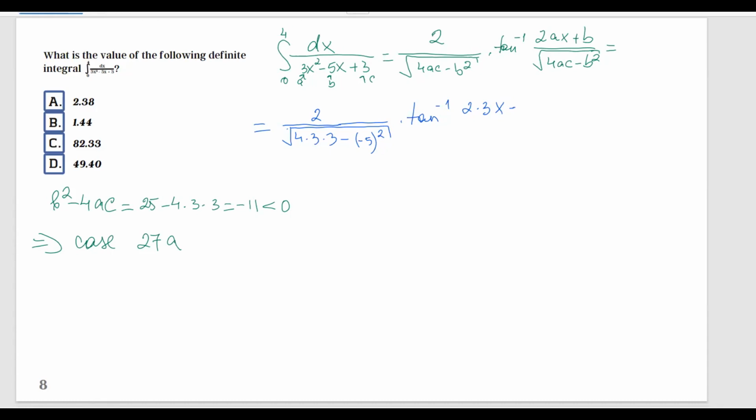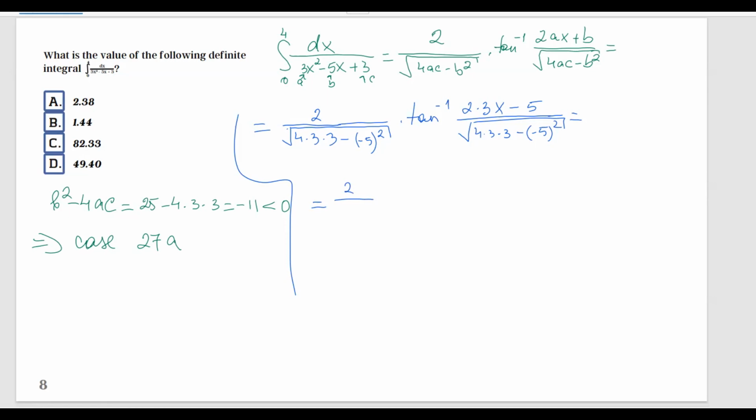I'll do minus 5, divided by the square root of 4 times 3 times 3 minus 5 squared. Okay, let's come here. This is going to be 2 over, let's see what we get at the bottom.